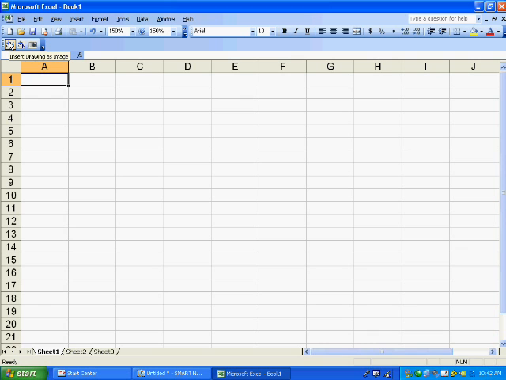The first two columns are going to be headings. Let me just give you the headings for now, and you can type them with me, and then we can go back and start filling things in. I'll explain the headings as we go along. The first heading is going to be clock time.